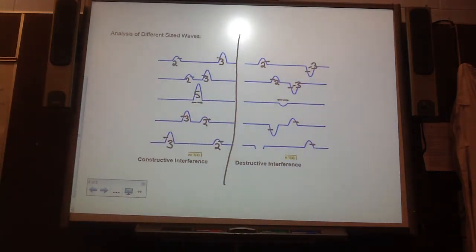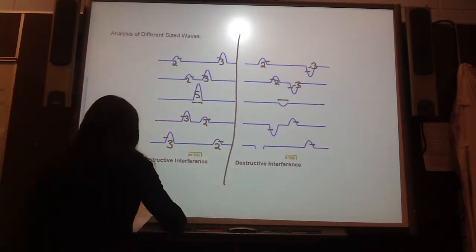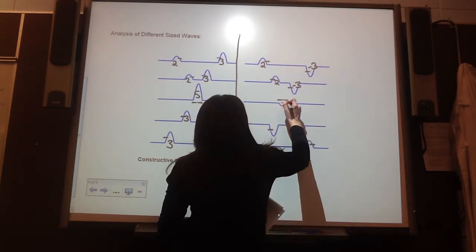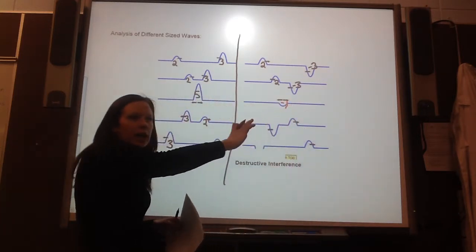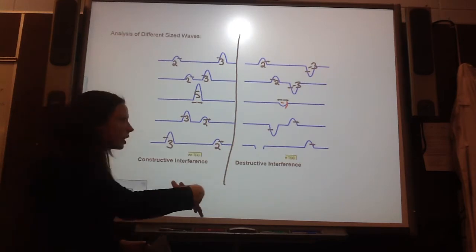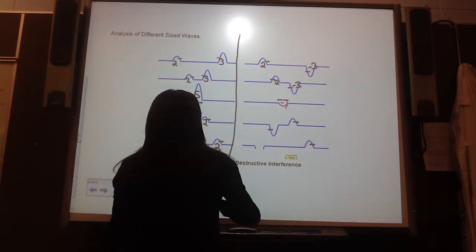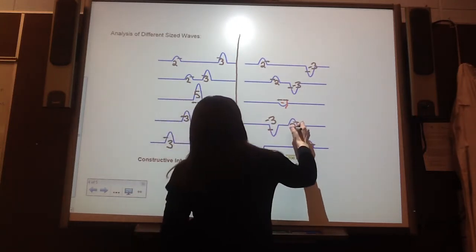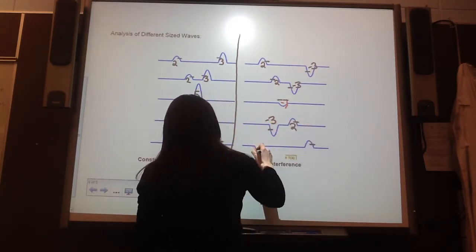So now when the crest of this wave and the trough of this wave actually meet, we are going to have a value of what? -1. And that's why it's still a trough, because it's a negative value, meaning that it's a trough. And we can attribute -3 to the wave moving to the left and 2 to the wave moving to the right.